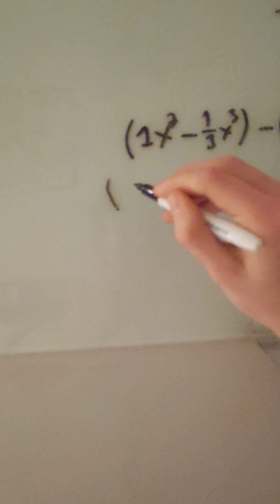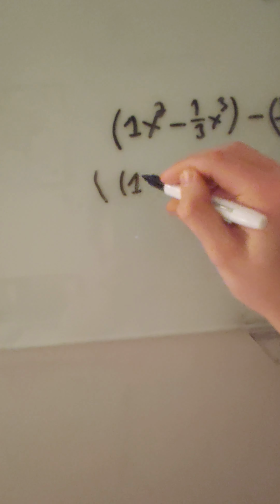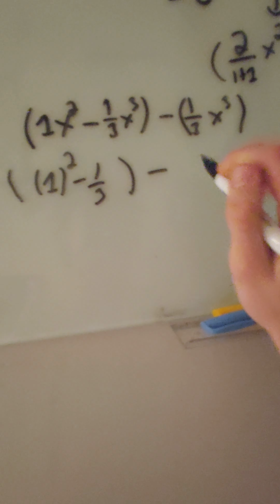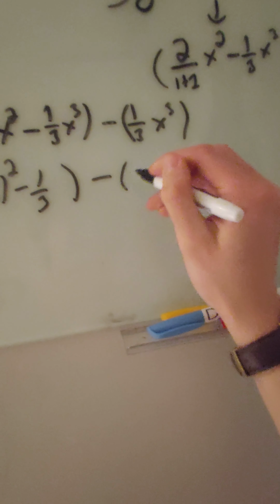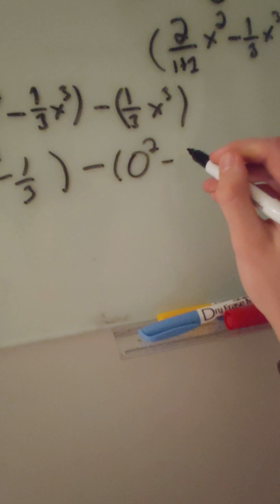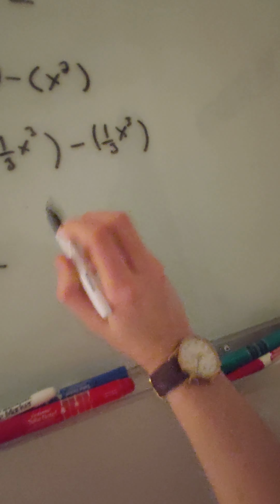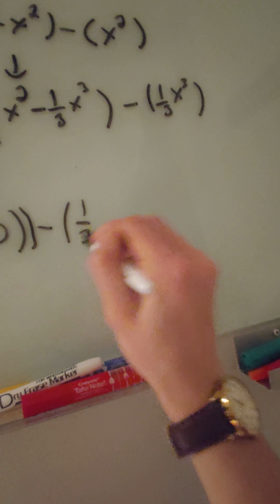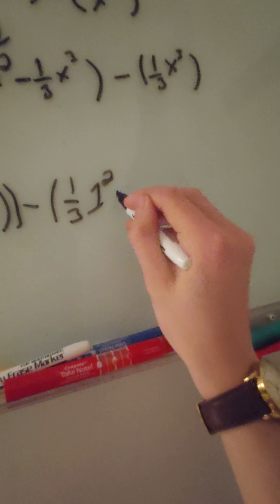We can put our 1 in first. This becomes 1 squared minus 1 over 3, minus 0 squared minus 0. And then we can do our next side over here, which is 1 over 3, 1 squared minus 0.